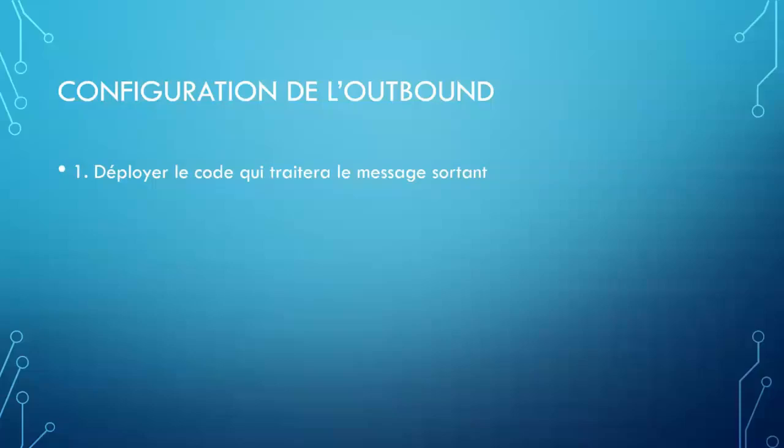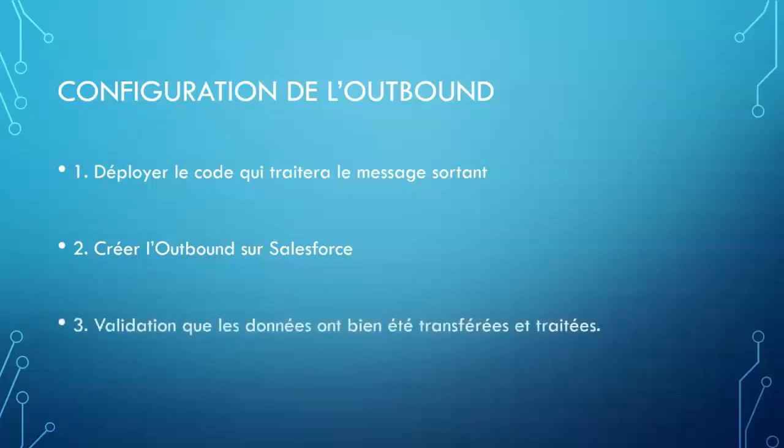Next, we will create the outbound rule on Salesforce and then we will configure it in such a way that at any change to the case object, an outbound message will be sent so that the application we have created can read it. And finally, we will validate that everything has been sent and processed.